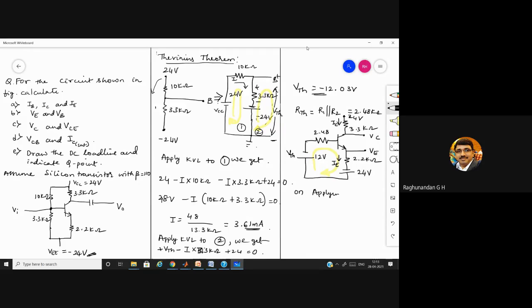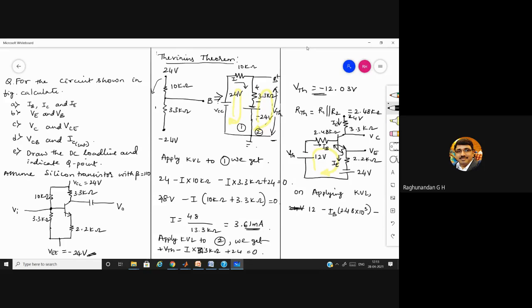On applying KVL, we'll be getting 12 minus the current through this, which is IB. So IB into 2.48 kilo ohm, into 10 to the power of 3, minus, here what is the voltage we are having?